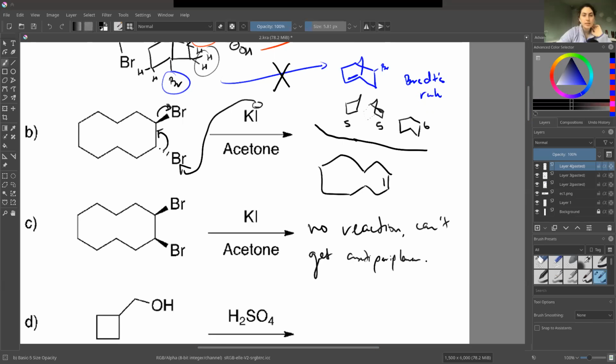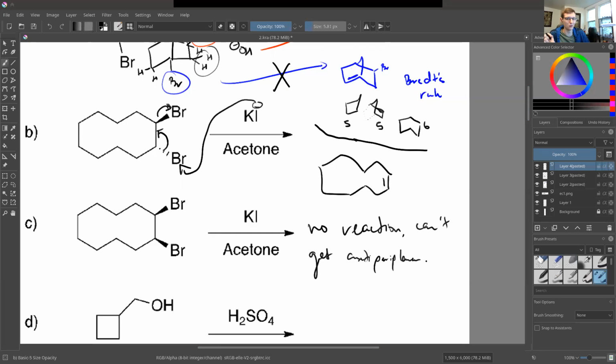Would C be syn periplanar? Is it no reaction? Yeah, it's no reaction. This is why I'm hesitant to bring up syn periplanar in the first place.